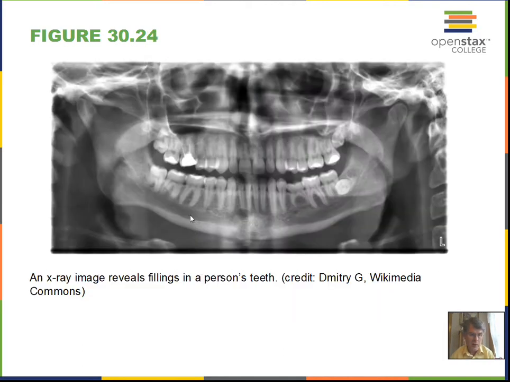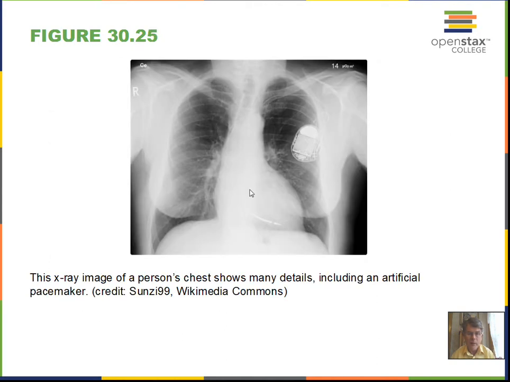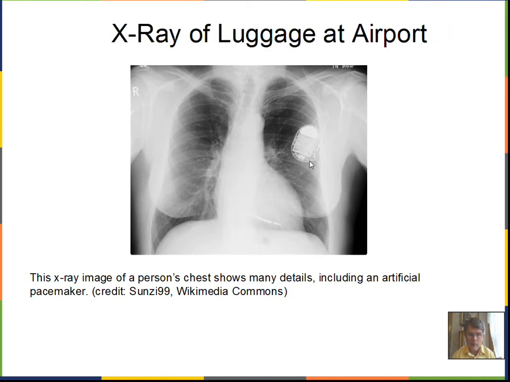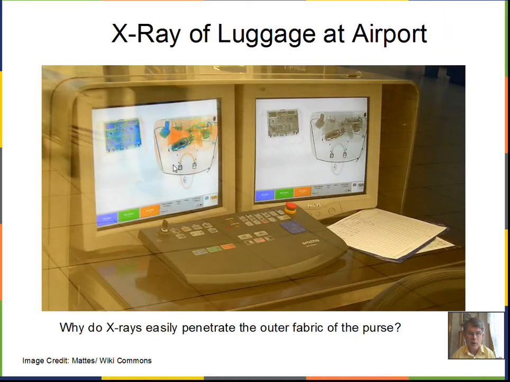Of course, X-rays are useful for dental procedures. The dentist can know what condition your teeth are in. A doctor can see what the condition of the lungs are, can image a pacemaker. Security can look inside luggage at the airport and see if there's anything that needs further investigation.